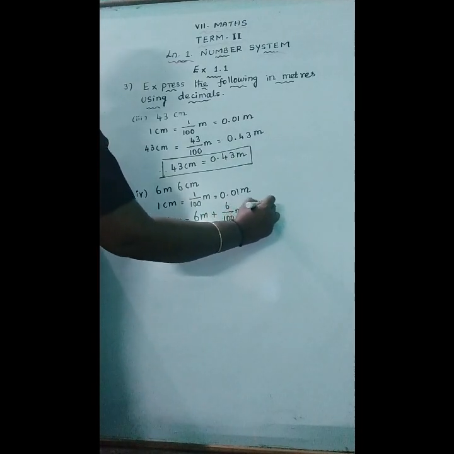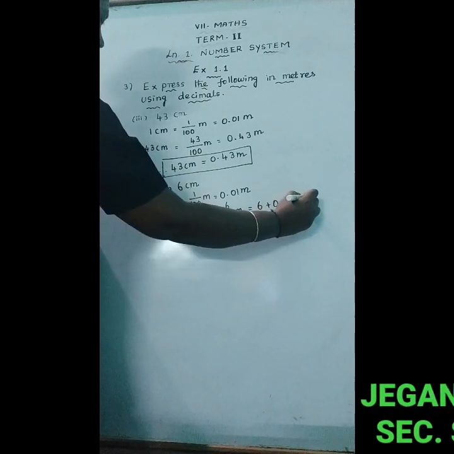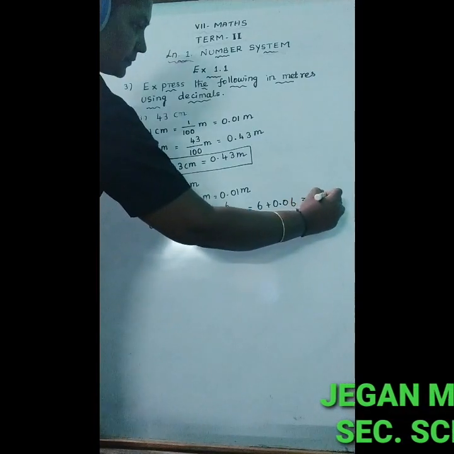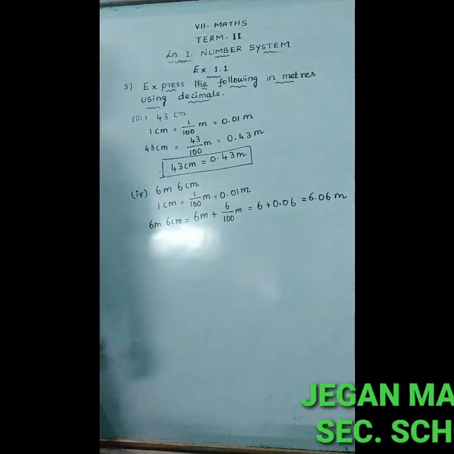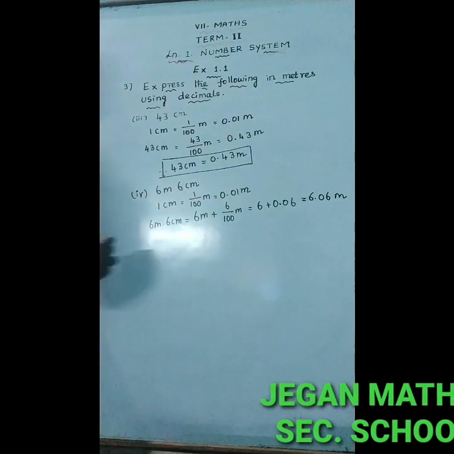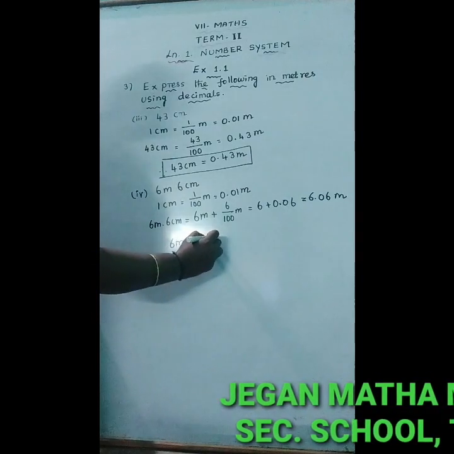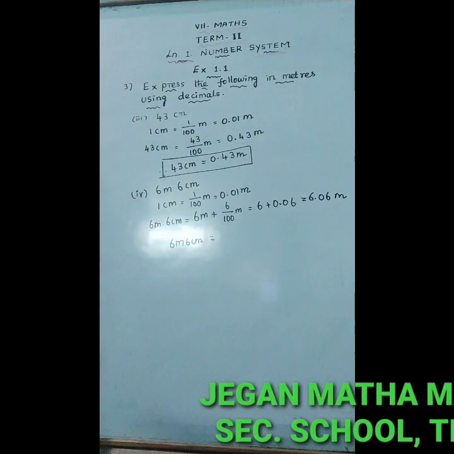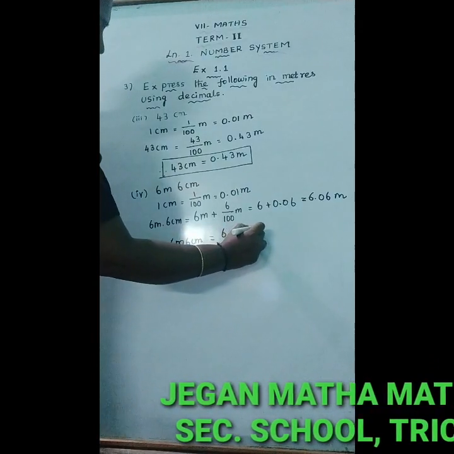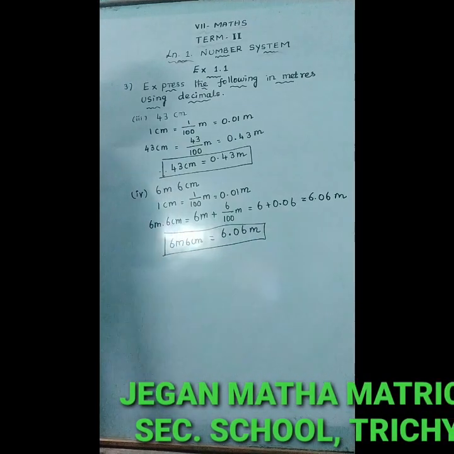That is 6 plus 0.06, adding now 6.06 meter. So 6 meter and 6 centimeter changed into meters using decimal is 6.06 meter. This is the solution for the fourth one.